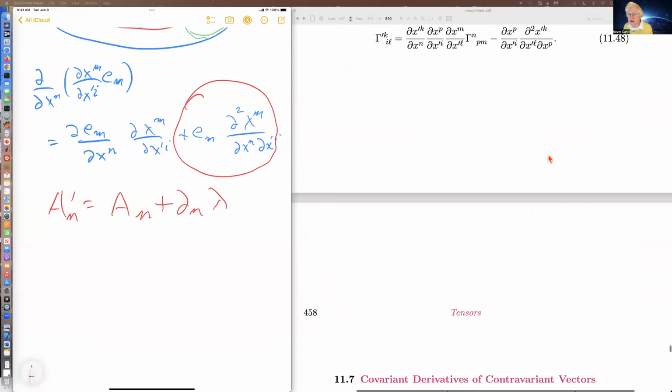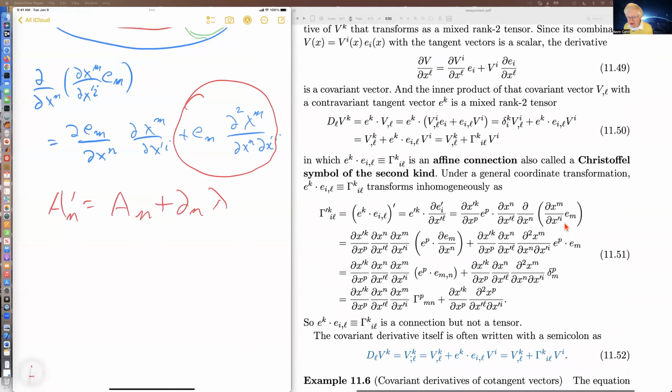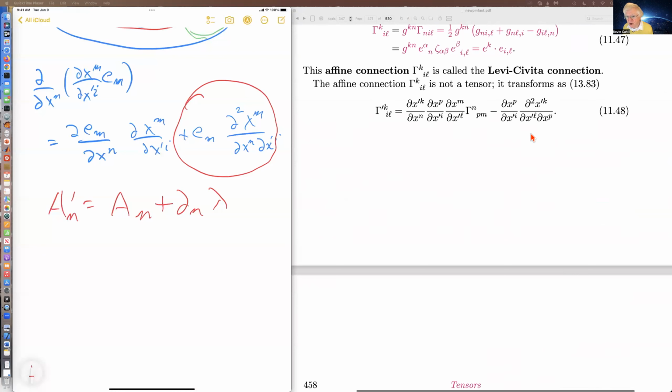They're just different inhomogeneous terms, different ways of writing them. You see, in this one, you have two prime derivatives here, and in this one, you have one prime derivative and one unprimed derivative. And if I'm not mistaken, in the book, let me just move this.